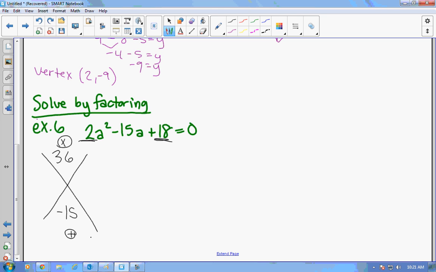Good, you have to take the negative sign. So, multiplying to 36, there's a lot of options. Which option adds to negative 15? Negative 12 and negative 3, A and A. Because a negative times a negative is a positive, and a negative plus a negative would be a negative, so that would work. Then you fill in your box.